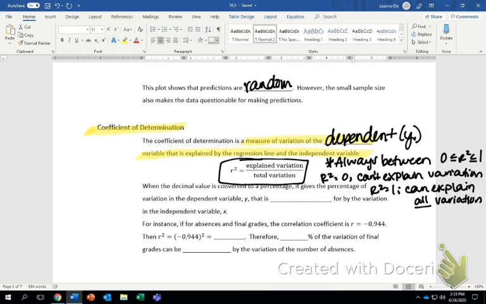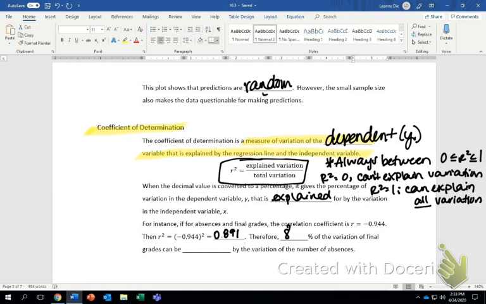So typically your coefficient of determination is going to be expressed as a percentage. If we did our explained and total variation of the previous problem, we would put them on top of each other, and we would get 0.891.